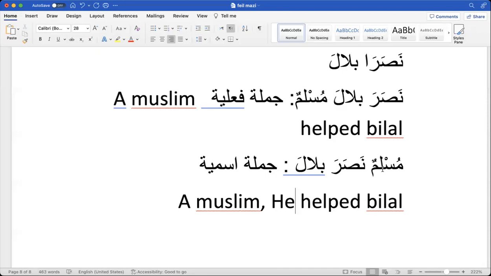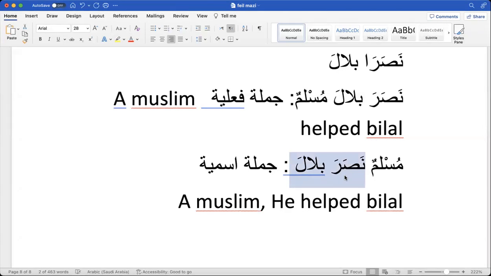Now, this is a Jumla Ismiya, right? In Jumla Ismiya, we have Mubtada, we have Khabar, we have Mutalik bil Khabar. So in this case, Mubtada is Muslimun, first marfu in the sentence. The Nasara, the fail Mazi Huwa version itself acts as a Khabar, and the Khabar itself is Jumla Failiya. If you remember the last lecture on Jumla Ismiya, when I was teaching you complex sentences, I told you a Khabar itself can be a Jumla.